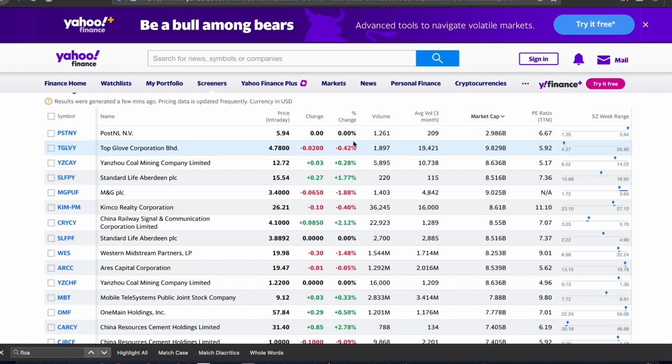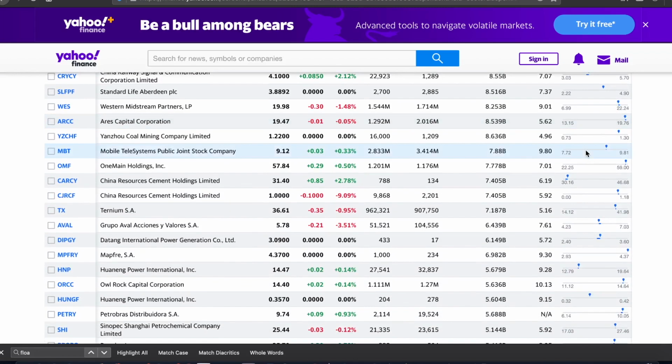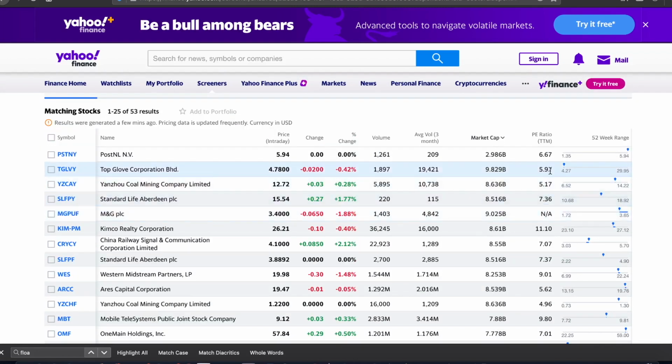So you can make money not only from dividends, but on the company's journey back to the average price. Obviously you would want to do deeper research, but that's one thing you can do, as well as looking at the price to earnings ratio. So Top Glove Corporation, let's dive into this.